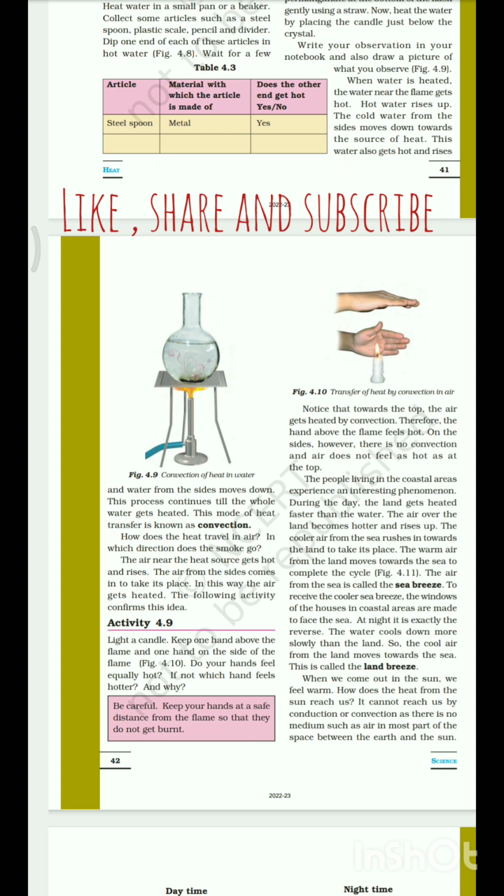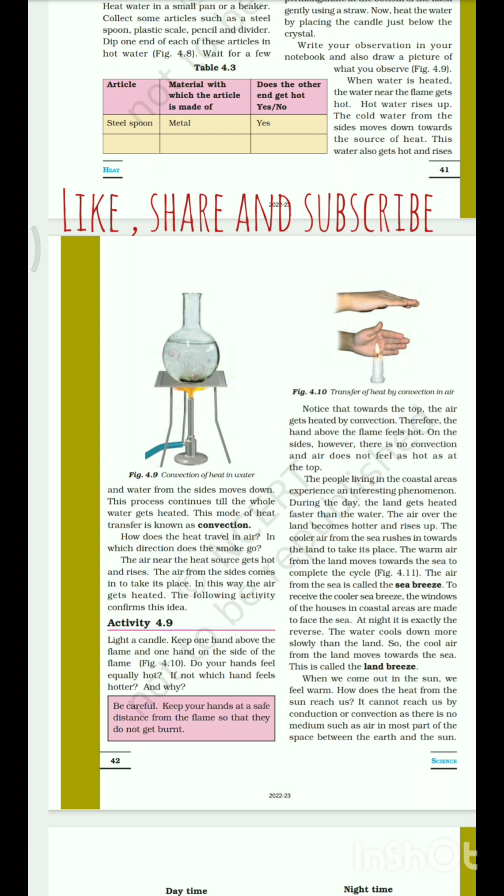The people living in the coastal areas experience an interesting phenomenon. During the day, the land gets heated faster than water. The air over the land becomes hotter and rises up. The cooler air from the sea rushes in toward the land to take its place.